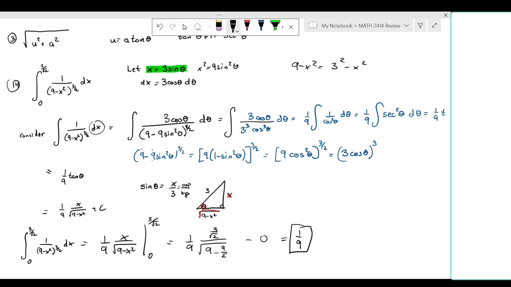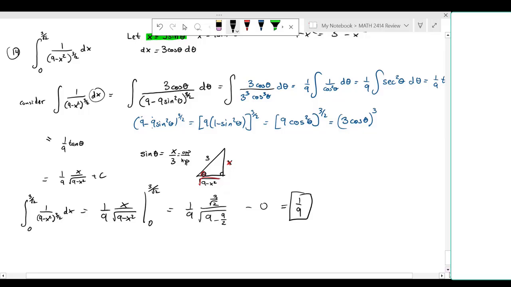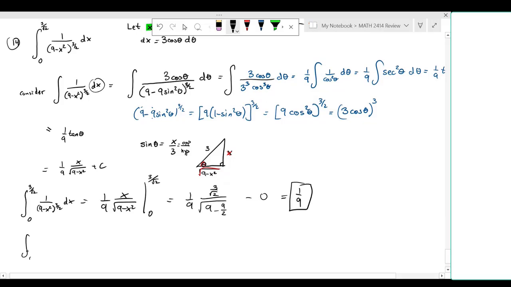Okay, so what's the other school of thought? The other school of thought says change the bounds from x to theta, and then just use those. So after the substitution, we follow this along and we get 1/9 of tangent.